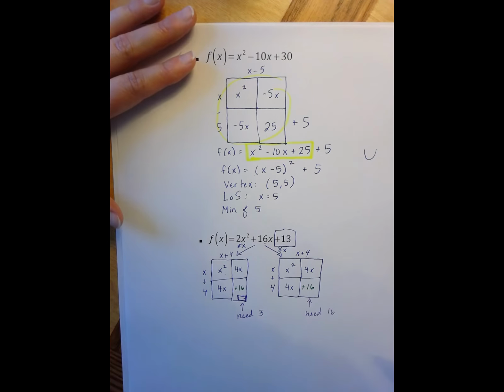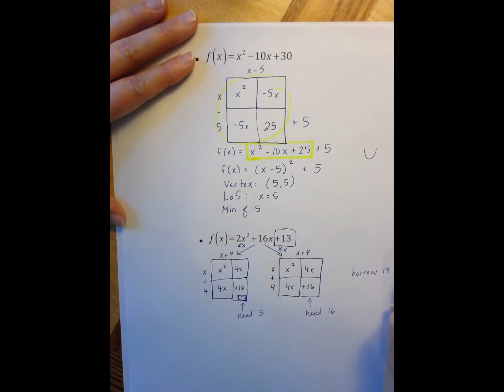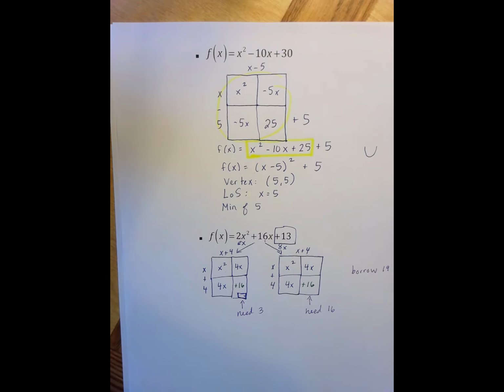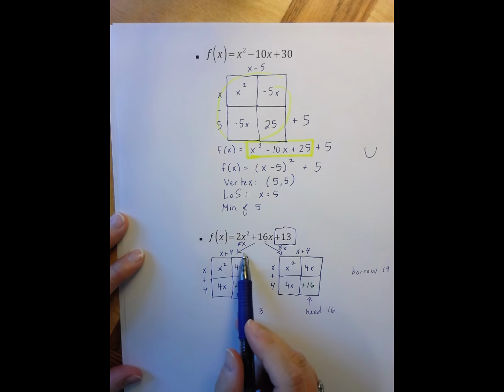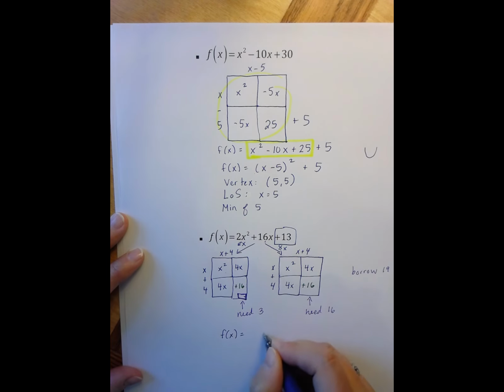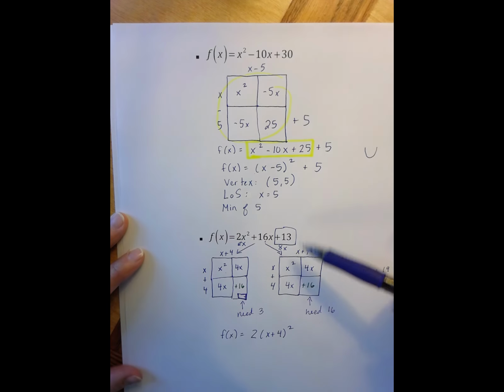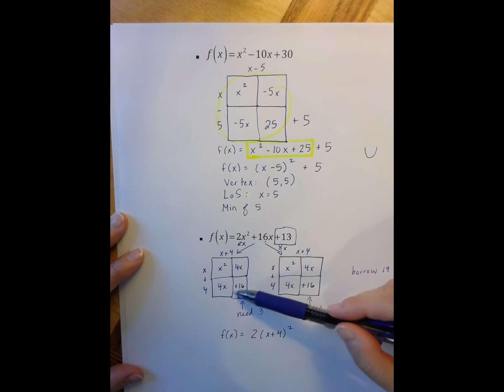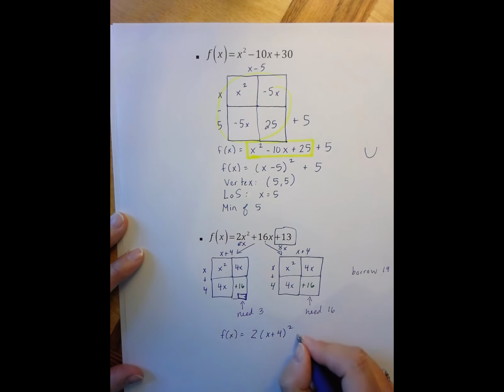So what ends up happening is that I need to borrow 19 tiles. So I'm now going to write this: that's x plus 4 quantity squared, but I have 2 of them. And I used my 13 tiles up in this box, but I needed an additional 19, so I borrowed 19.